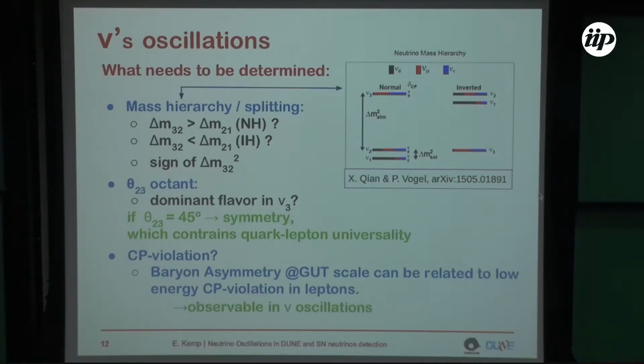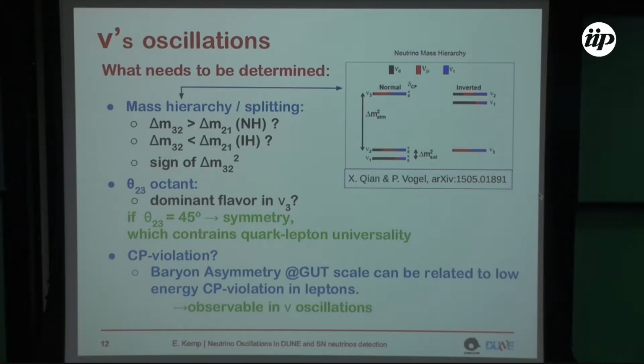Another interesting question is the theta 2,3 octant. Basically, it means that we don't yet know the dominant flavor in the nu 3 mass eigenstate. If we have a maximum mixing, and theta 2,3 is exactly equal to 45 degrees, it implies some symmetry that will constrain the quark-lepton universality.